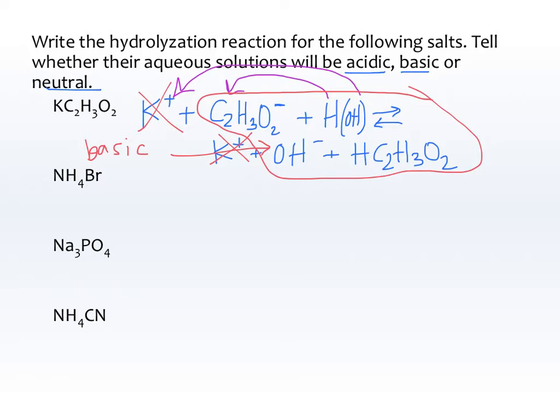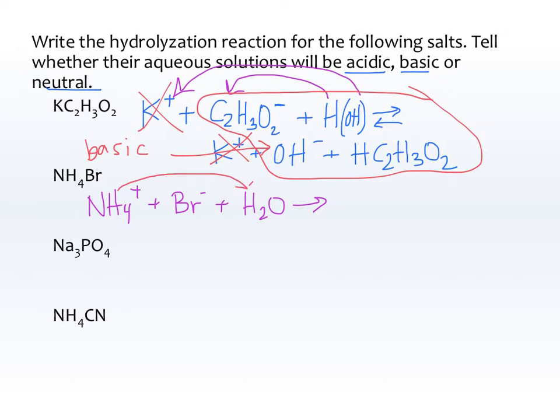So here's another, NH4Br. That's NH4 plus, Br minus, plus water. And so I see that the water, the H2O, will either lose a hydrogen or gain a hydrogen. And I recognize this NH4.